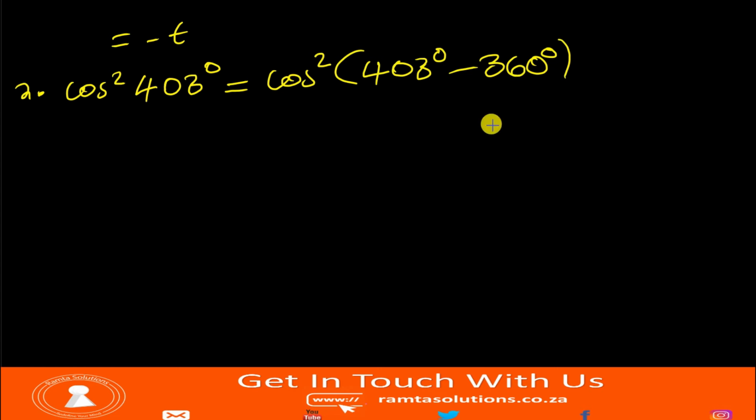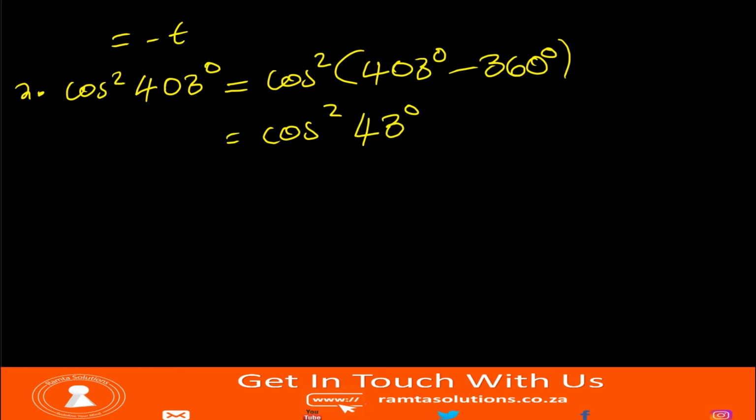One revolution will be completed, and to get 403 you are gunning for a second revolution but you haven't completed it. So 403 minus 360. What do you get? You get cos squared 43 degrees.